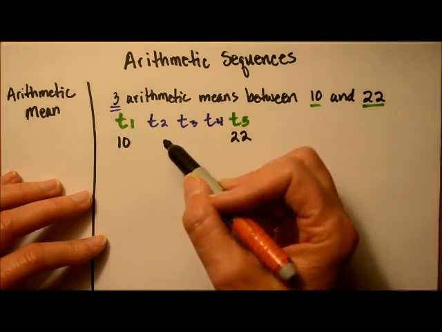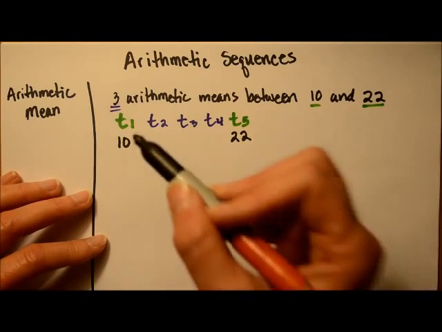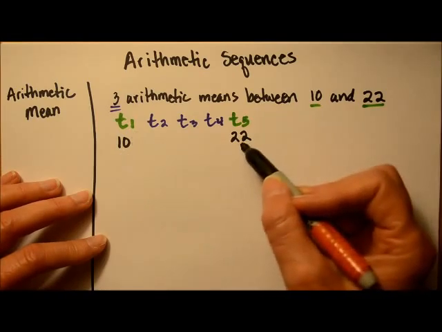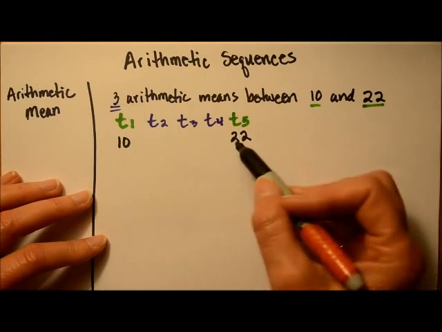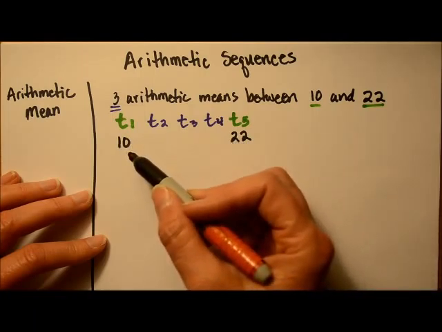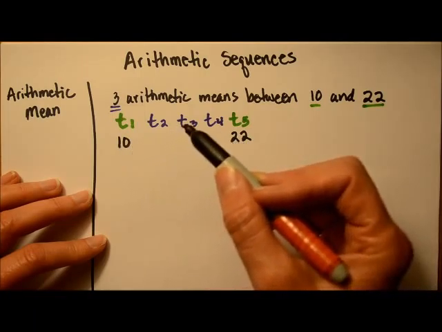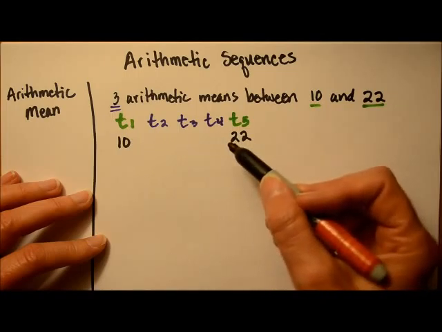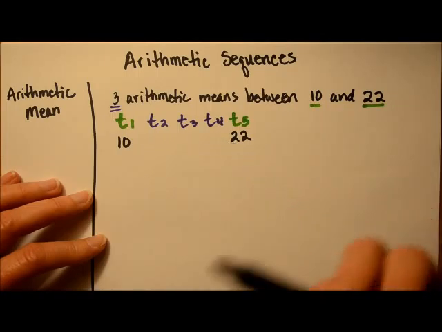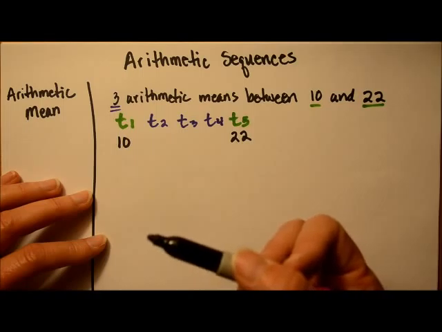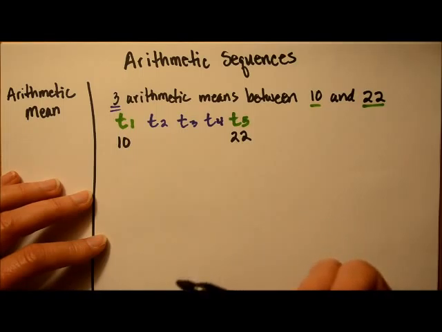If I'm looking for the difference, I don't know what it is. I know the difference between these two, but I don't know the difference between each one. So we're going to find it, and that's where we use an arithmetic mean.